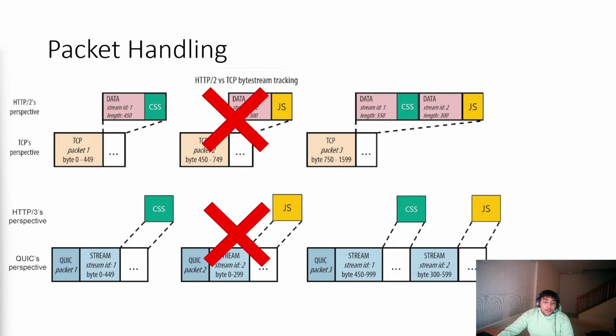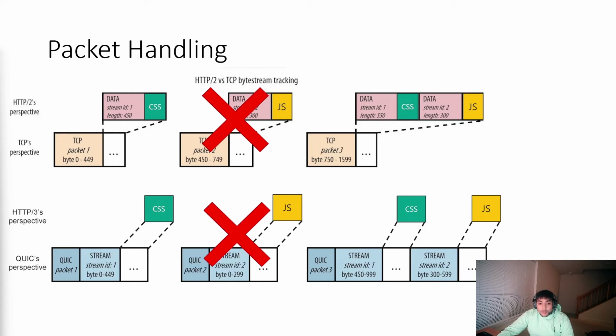The problem becomes when the middle TCP packet gets dropped, maybe because of some problem with the network, or the center packet is lost, but the third packet does arrive. So conceptually, at the HTTP/2 layer, the browser knows that the CSS stuff is actually not interrupted.